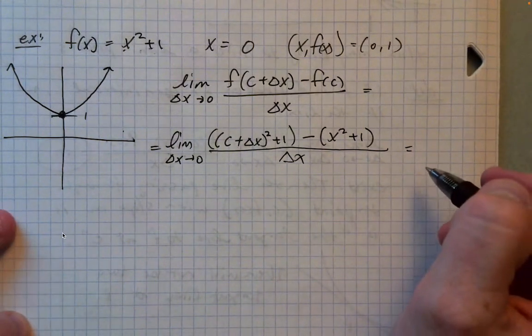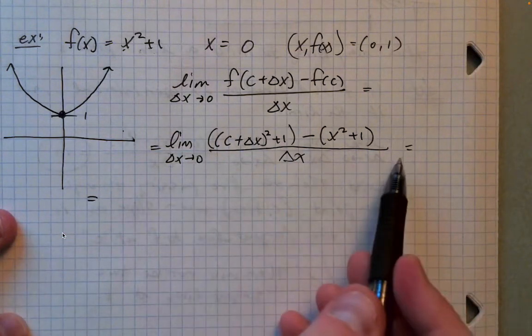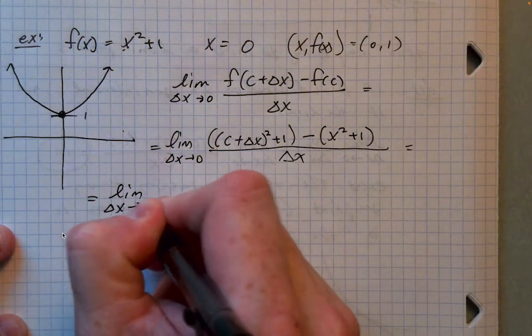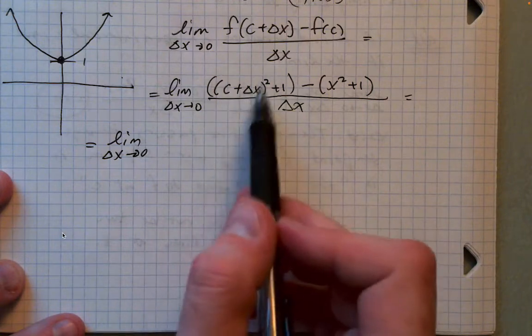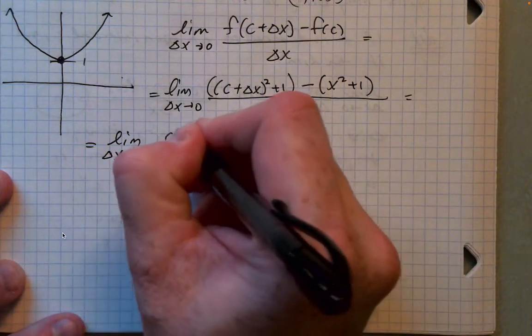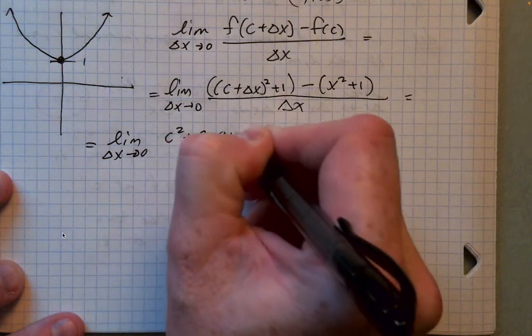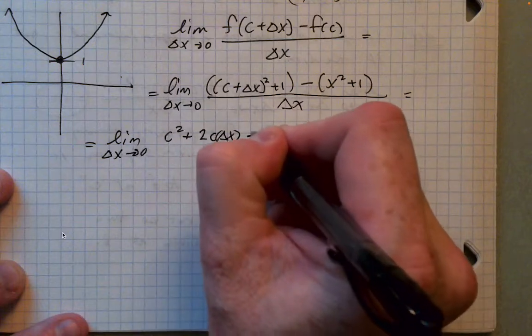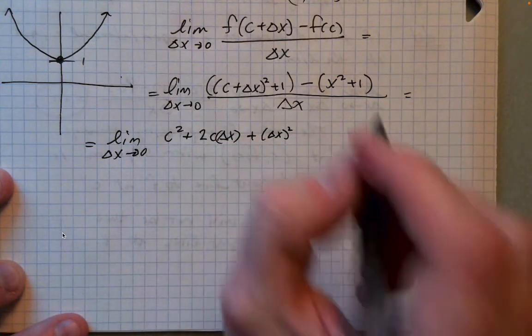All right, and then just like before, we're going to expand this thing. So this is c plus delta x quantity squared, so you'll get c squared plus 2c delta x, and I'm going to put that in parentheses just to make sure that people recognize that's together, plus delta x squared.